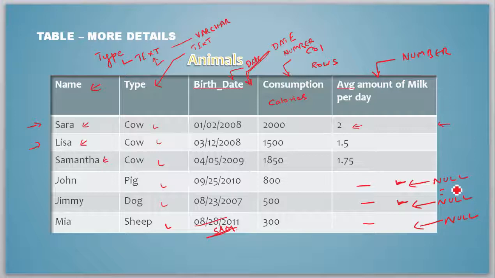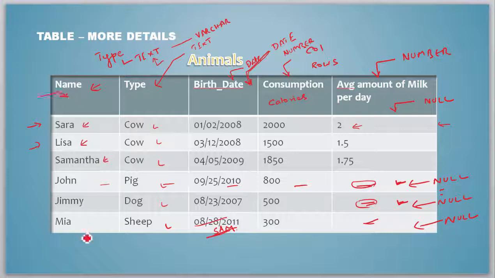I'll explain why that is in the subsequent videos, but just remember that the value here is null, the value here is null. So when you configure this column, you can also configure that this column can accept null values, which means that it can accept rows of data where there are no values.